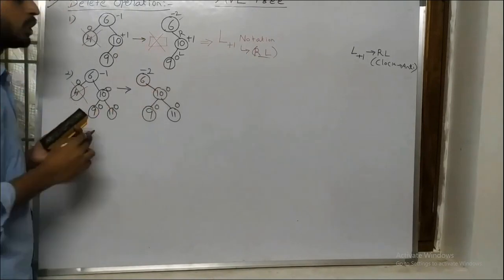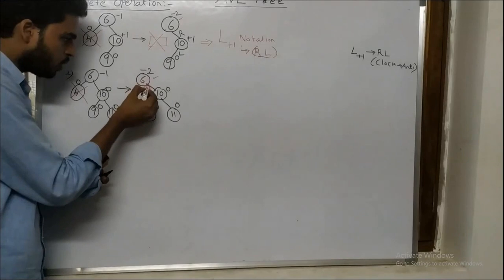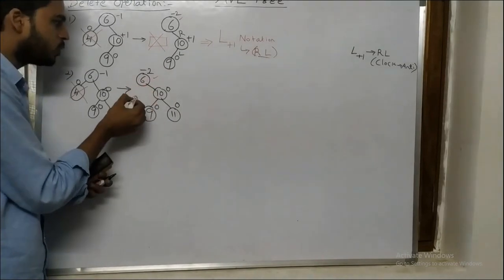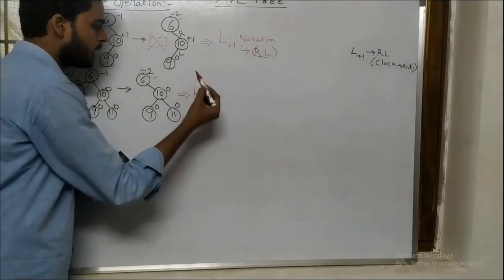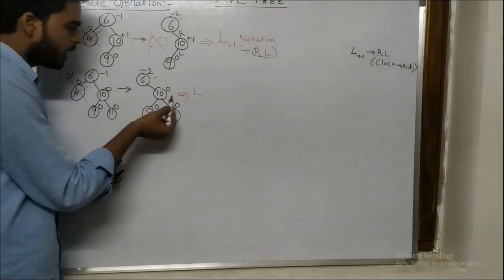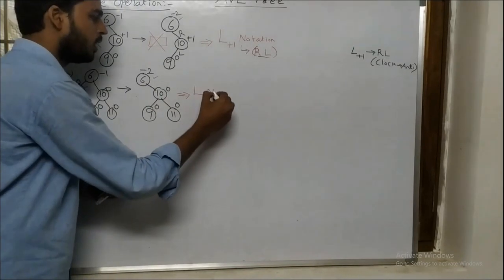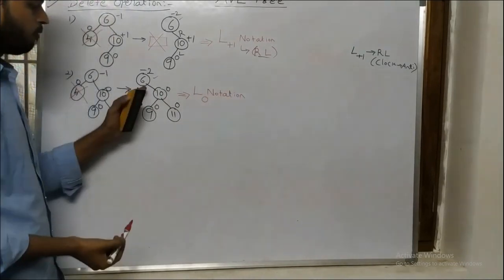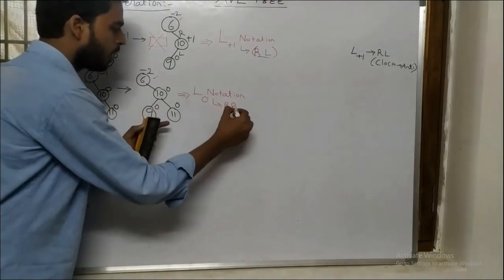Here I got minus 2. When I got minus 2, I can say it is a critical node. This critical node occurred because of deleting its left child. So I call it L, and whose right child is 0. Then I call this L0 notation.